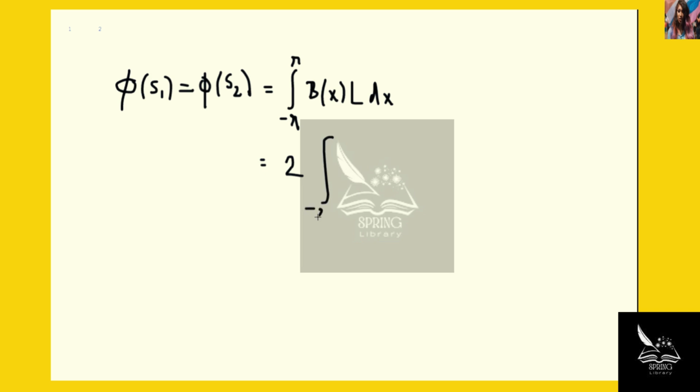Again, minus R to R of B(x) L dx. We write that as the integral from minus R to R, once again, of mu naught I over 2 pi.